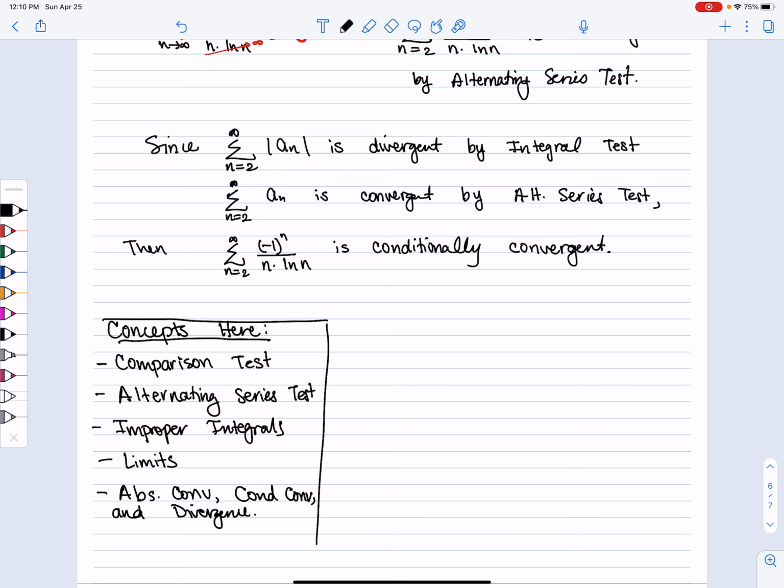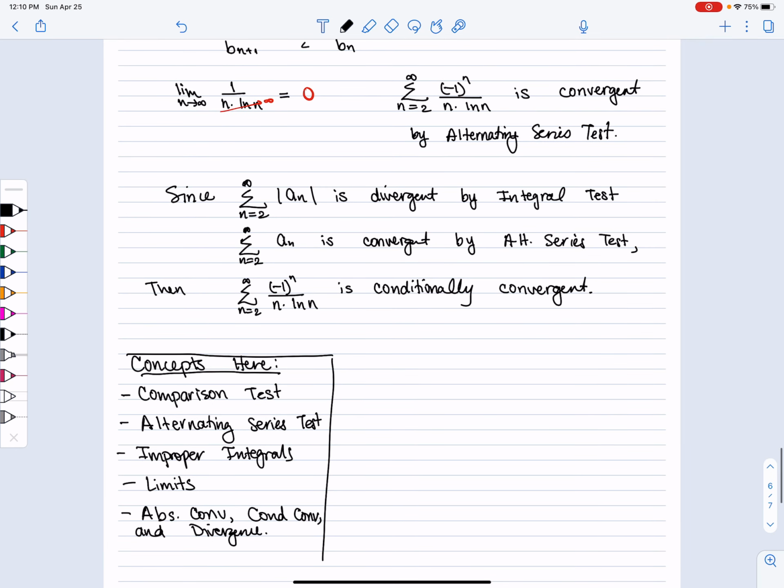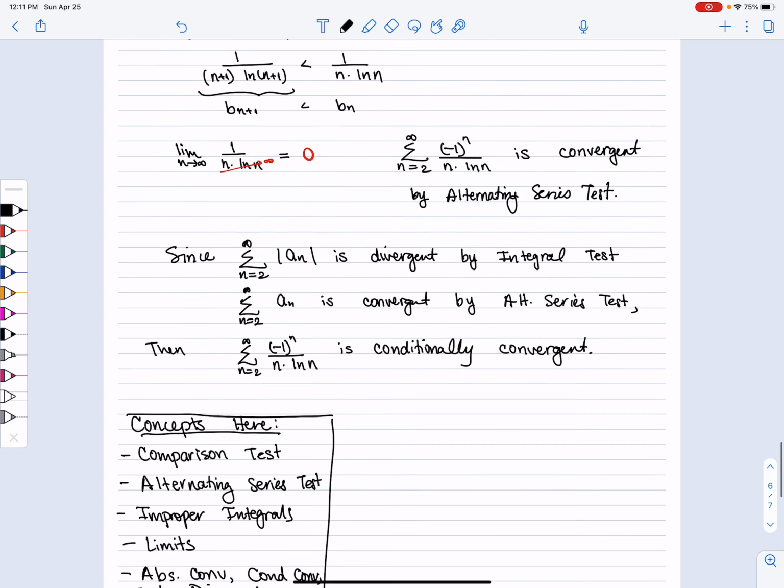All right, I hope you think they are fun. I know they're long, but there's so many concepts that makes it fun because it helps you review all kinds of topics. All right, I'm going to stop here. It was a fairly long example.